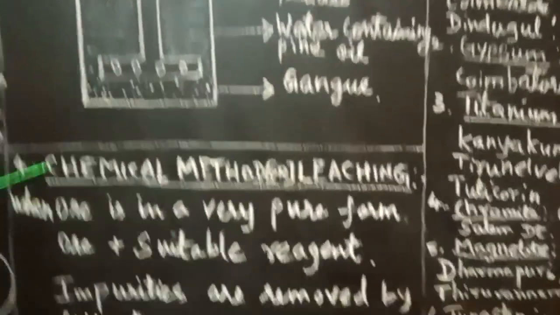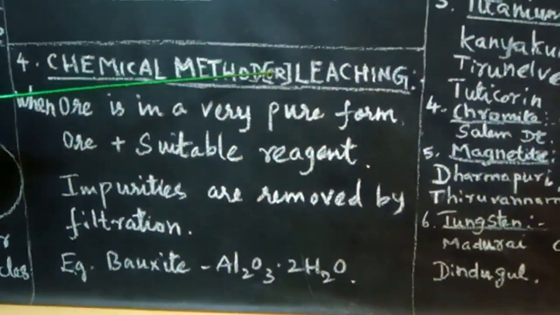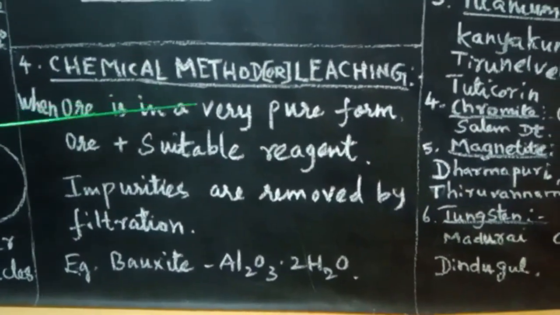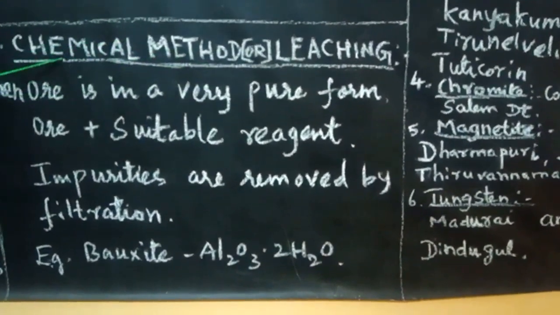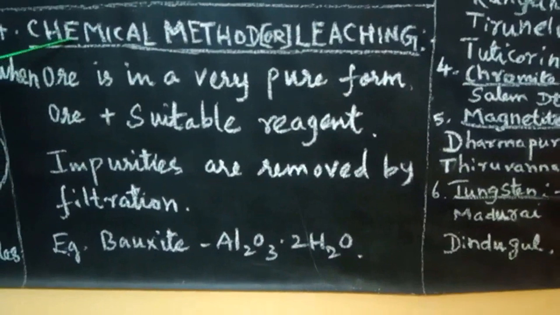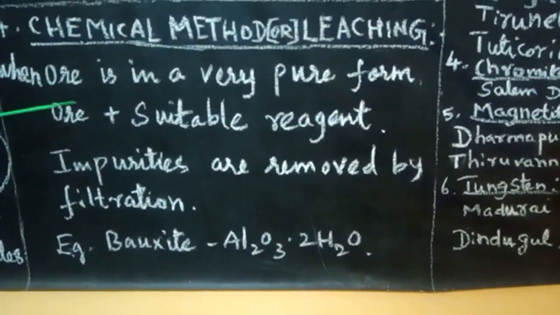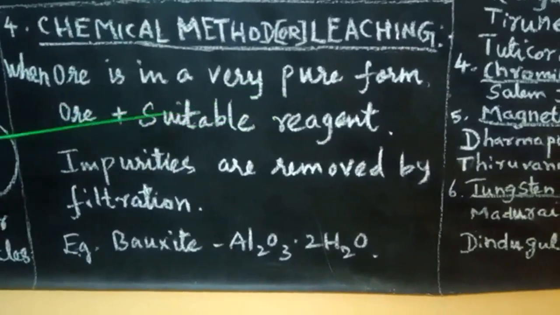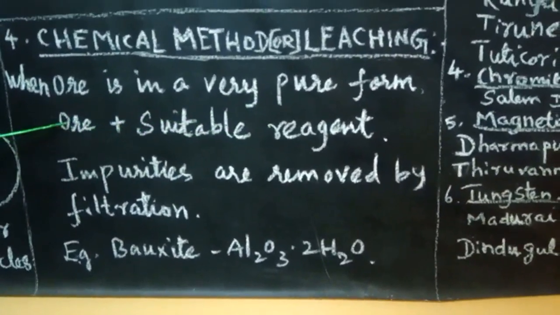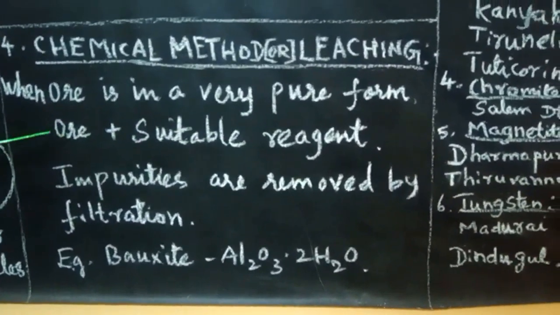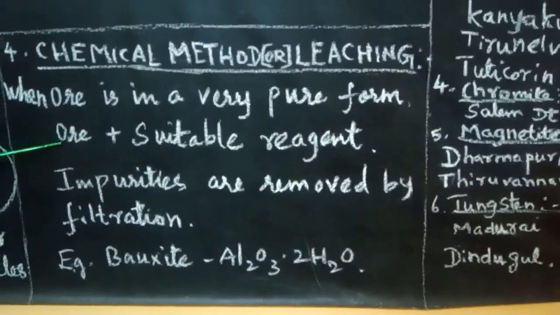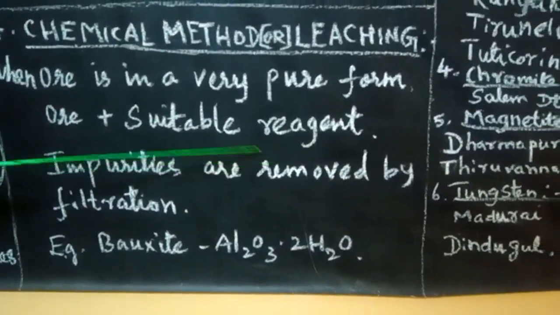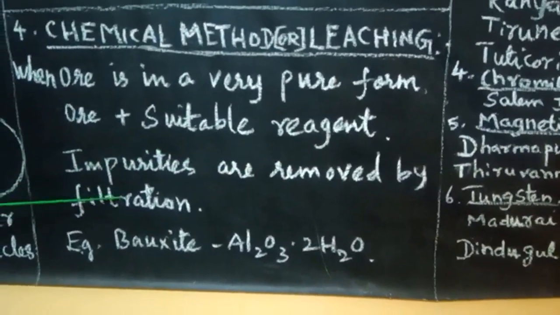Next one is the chemical method or leaching. When the ore is in a very pure form, this method can be used. Here the ore is treated with a suitable reagent. The ore is soluble and the impurities are not soluble or not dissolved in it. So impurities are removed by filtration.